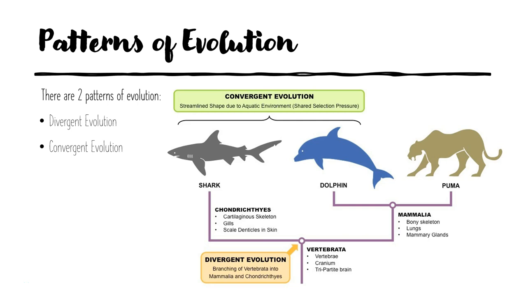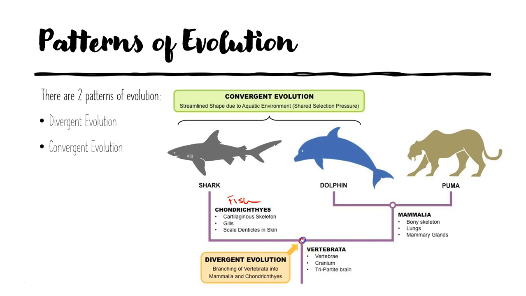So we talked about convergent and divergent evolution. These are the two patterns that we need to know about. Convergent is what we see with analogous structures, as we said. So similar function coming from different points. In this case we can see the fish family and Mammalia. This streamlined shape is due to convergent evolution.